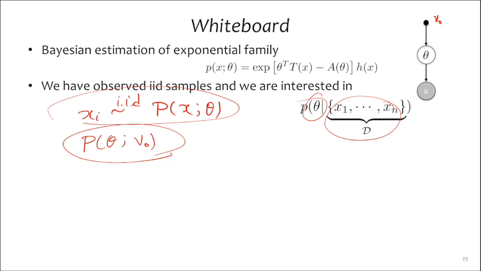Because in general, this is not easy. So let's say that I have a form of this distribution. What should be the recipe for computing this given the data? This is my data. So what should I do? What's the recipe to start?